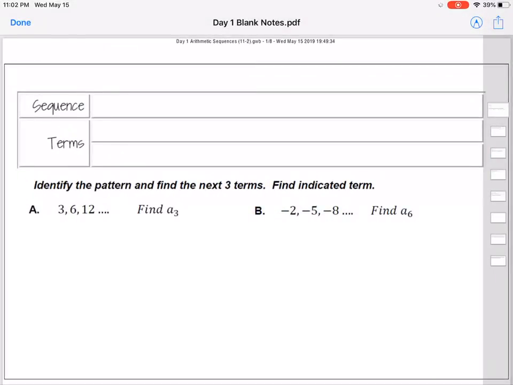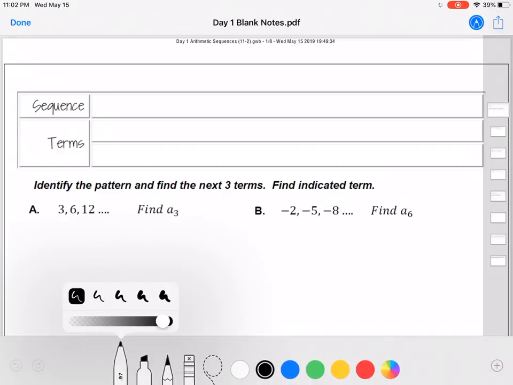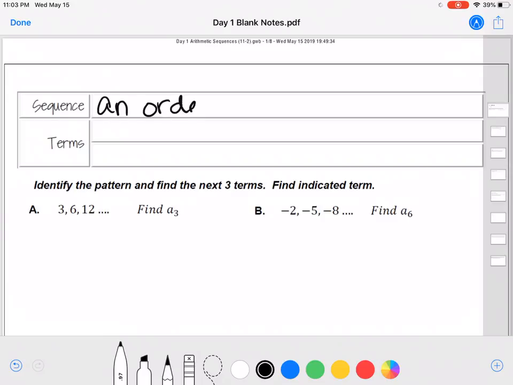A sequence is nothing more than an ordered list of numbers.